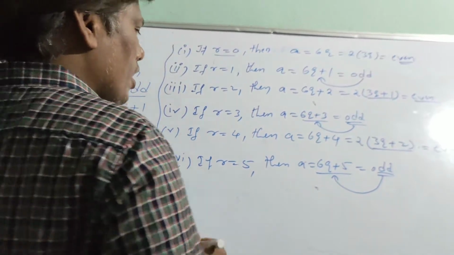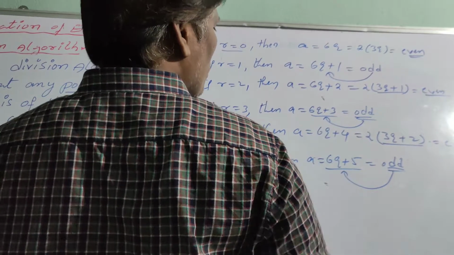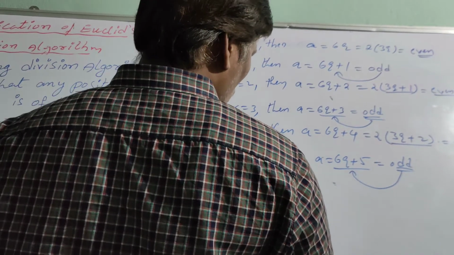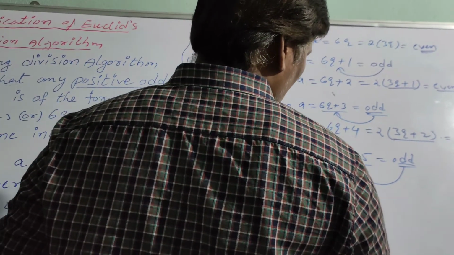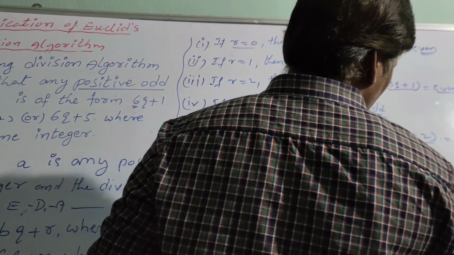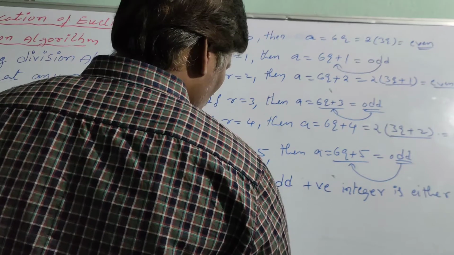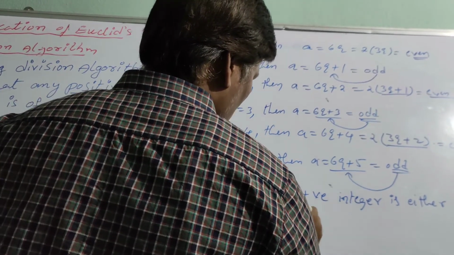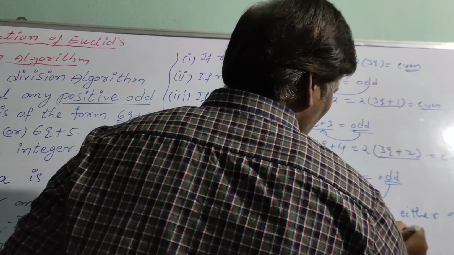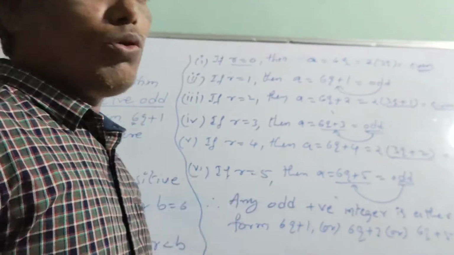So we can conclude that any odd positive integer is either of the form 6q plus 1 or 6q plus 3 or 6q plus 5. Okay, so like this we have to do this problem.